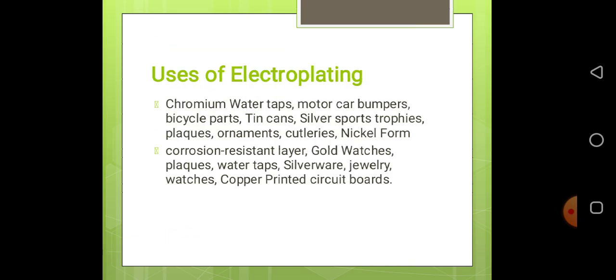Uses of electroplating: chromium, water tap, motor, car bumpers, bicycle fan, tin can, silver spoon, trophies, plate, ornament, cutleries, nickel forming a corrosion resistant layer, gold, watch flag, water tap, silverware, jewelry, watch, copper, printed circuit board.